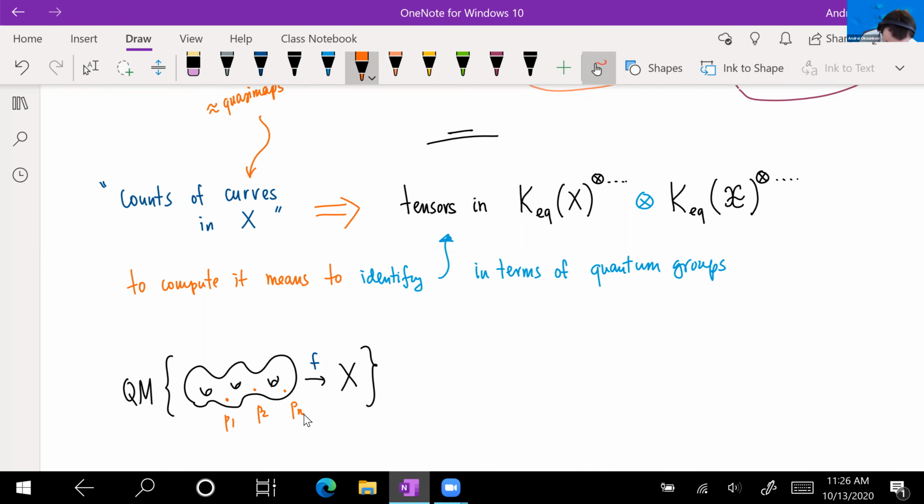Then I can take the value of my map F at the corresponding points. Let's take a triple and record the data f of p1, f of p2, etc.